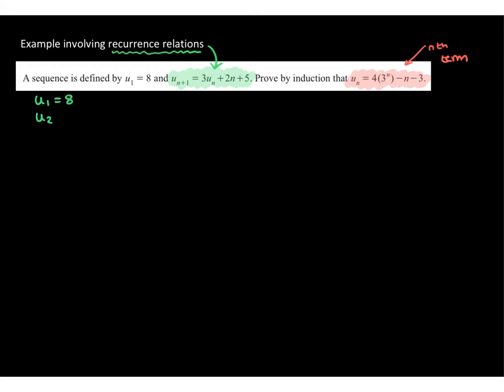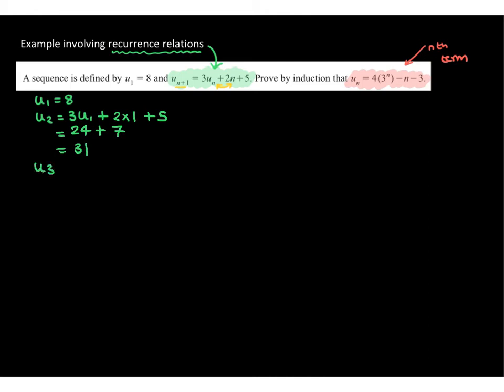Now u2 is equal to 3 times u1 plus 2n plus 5, and n in this context is the same n that you're using here, which means it's n equals 1, because of course we're now working out un plus 1. So this would be 3 multiplied by 8 plus 2 multiplied by 1 plus 5. So that gives me 24 plus 7, or 31, as my second term.